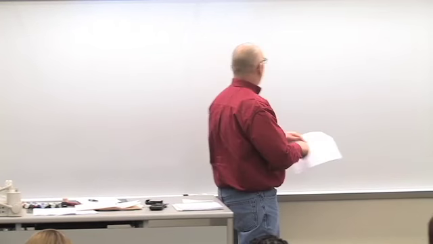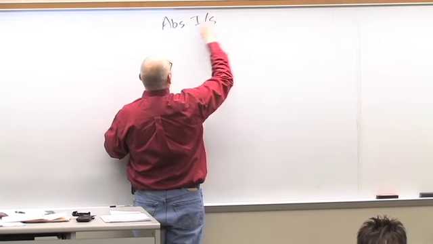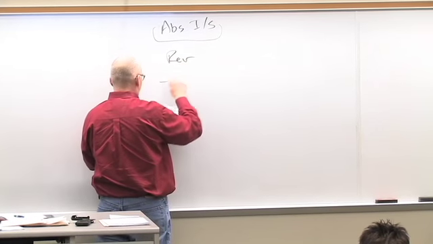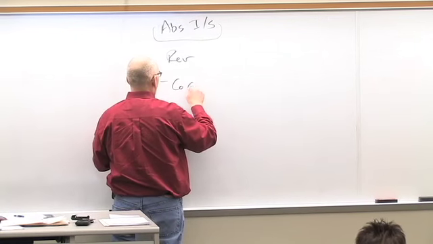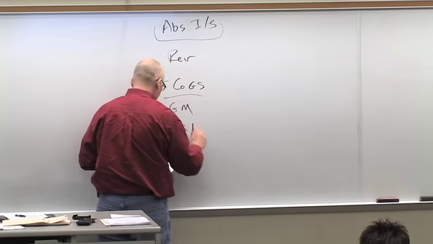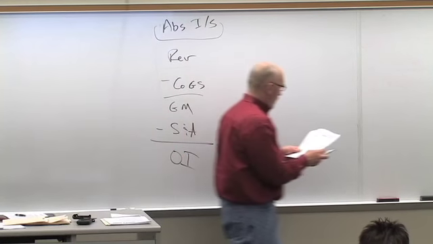Absorption costing income statement format: revenue minus cost of goods sold equals gross margin, minus selling and administrative expenses, equals operating income.